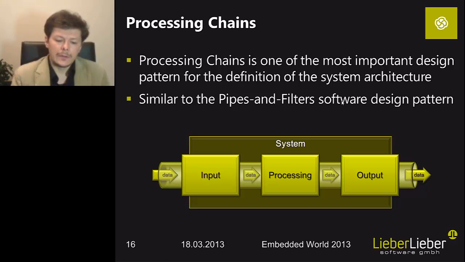In our example, it will be pretty simple. But in real system development, you can also define different levels of these processing chains and structure them in a hierarchical way.